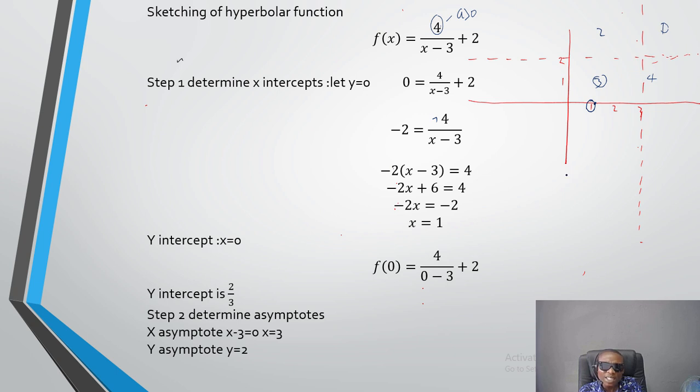And I know the y-intercept, I said it's 2/3, which is 0,67. So it will pass somewhere here, underneath 1. So the graph goes like this.